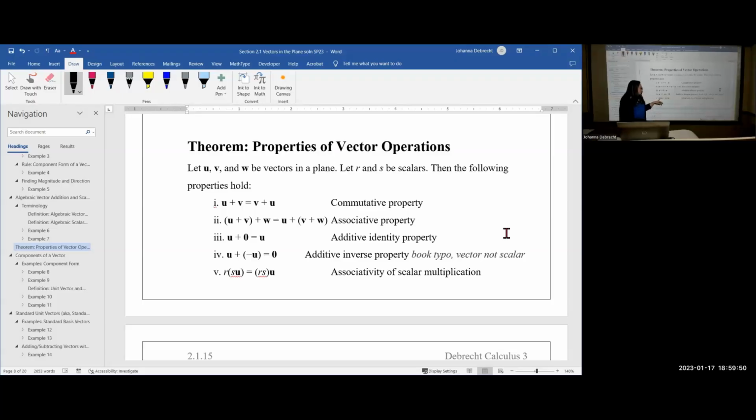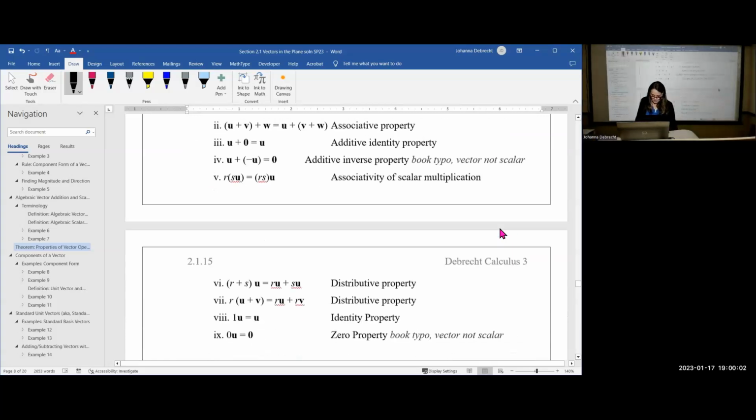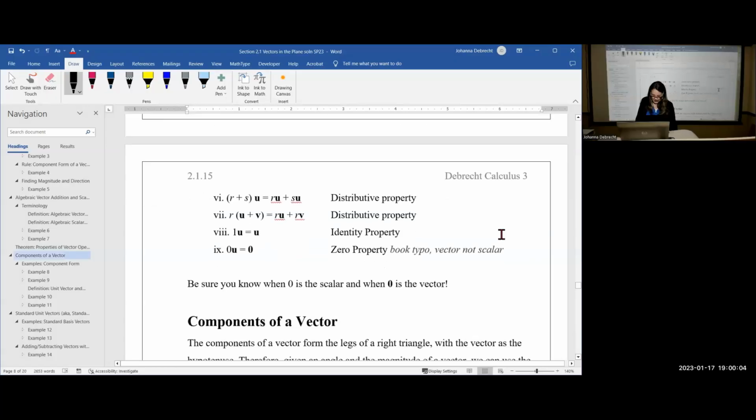If you take two constants and multiply by a vector, you can either do them one at a time, or you can multiply the scalars together and then multiply by the vector. So you have associativity of scalar multiplication, right? Which you would probably expect to have. And then we've got (r plus s) times u.